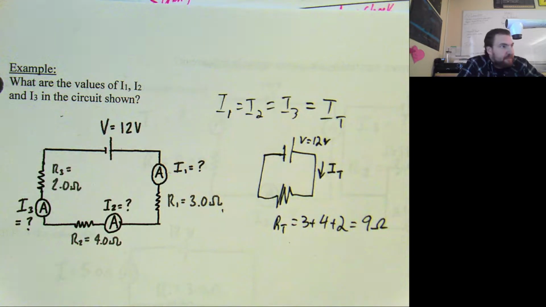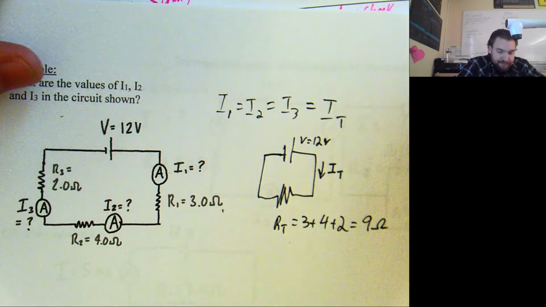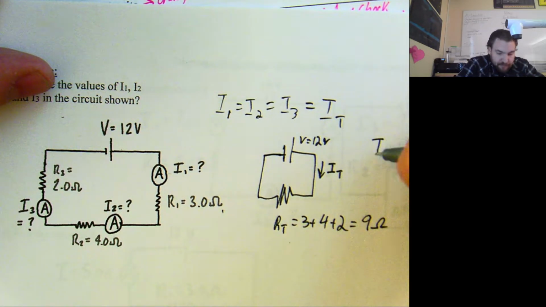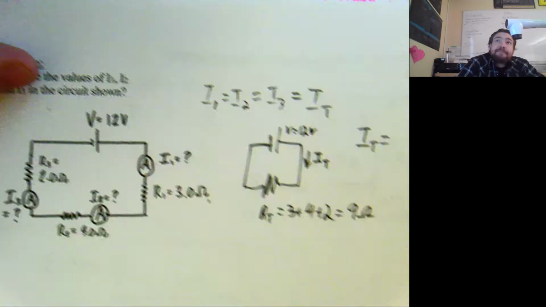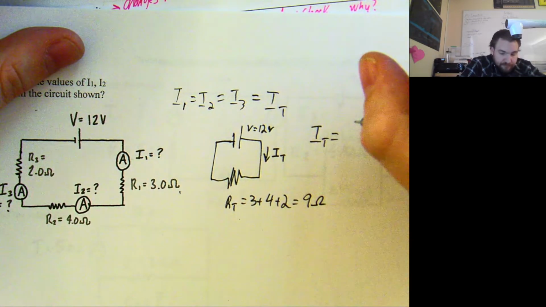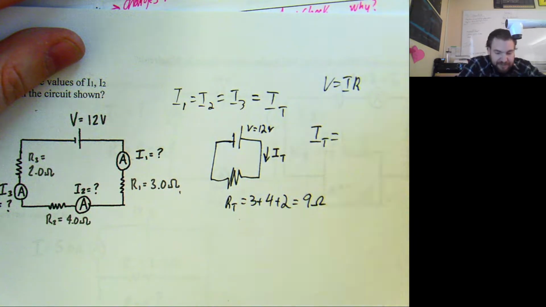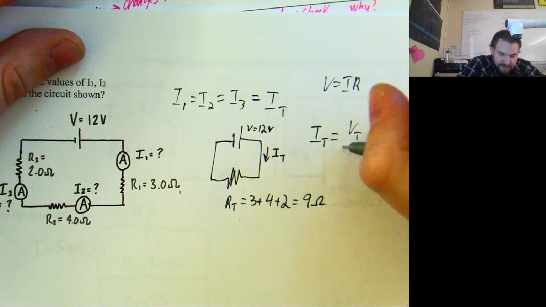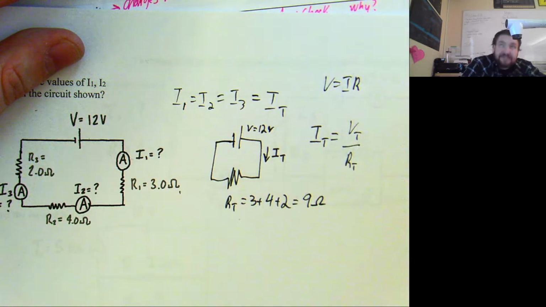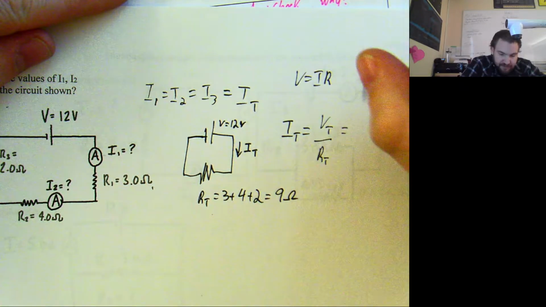through the circuit. So the relationship between V, R, and I is what? V equals IR. So I total is going to equal my total voltage divided by my total resistance. My total voltage is 12.